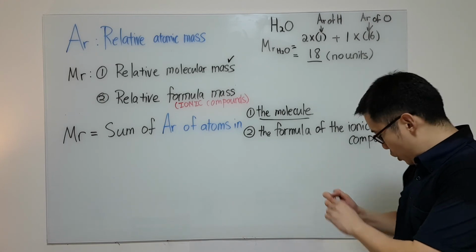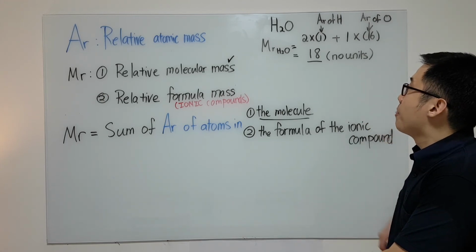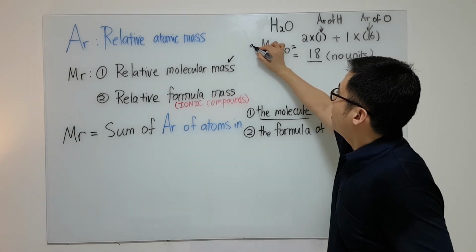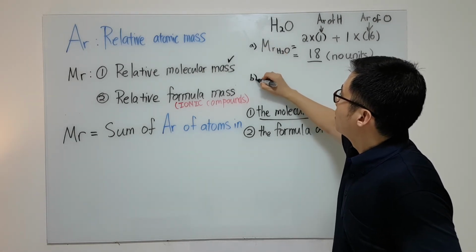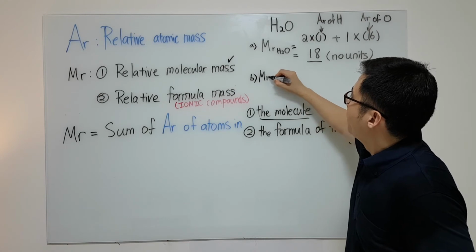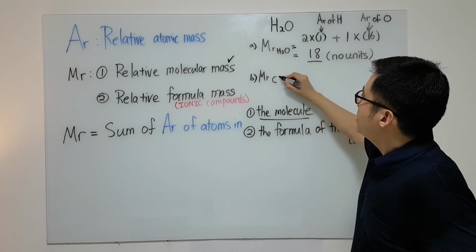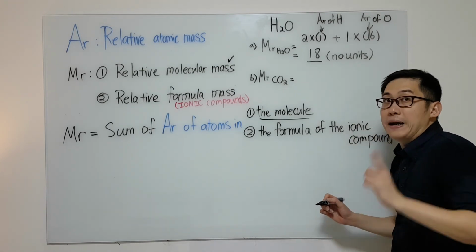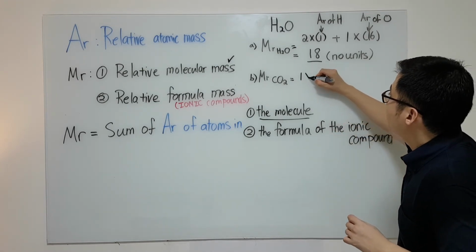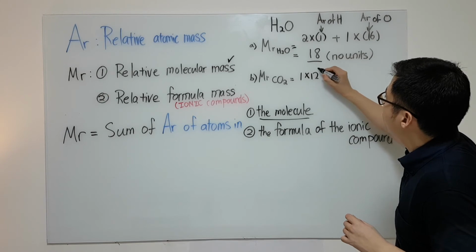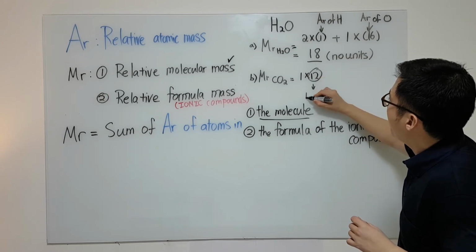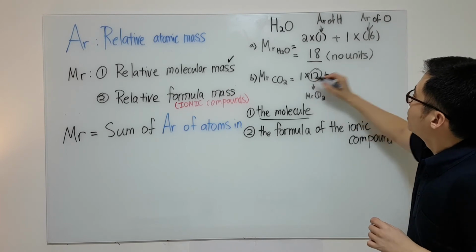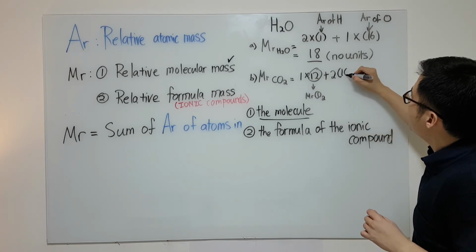Now, maybe just one more example. Let's consider example B here. We want to find the Mr of your CO2. That, students, can be found by taking 1 times 12, add 2 times 16.